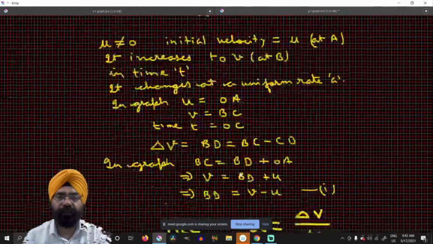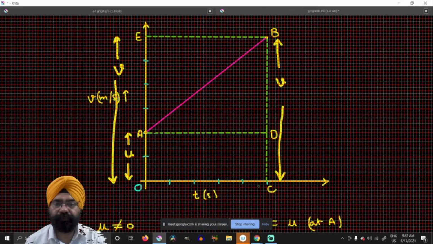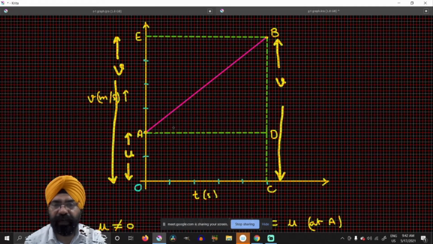So the area under the graph is OABC, correct? What does it look like? It looks like a trapezium. We can divide it into a triangle and a rectangle. Very nice. So in this case, we can divide the area into two parts.